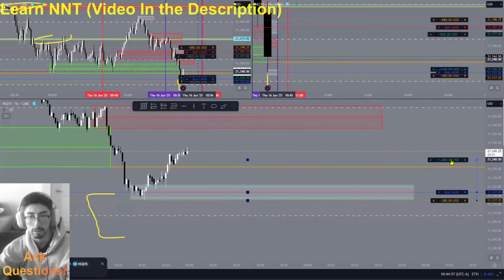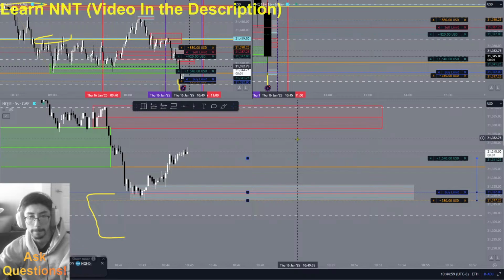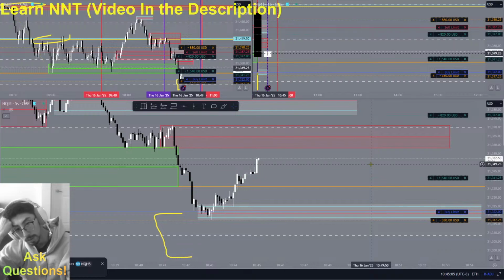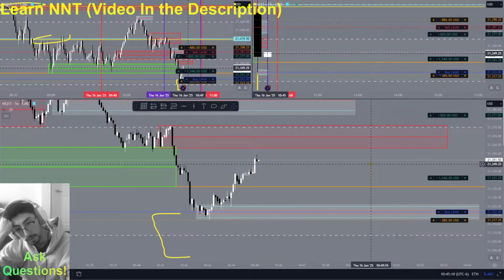Ouch. Let's do like right here. Yeah, we're going too far away from the zone. I was hoping we'd come back down since we were chopping and fill me.